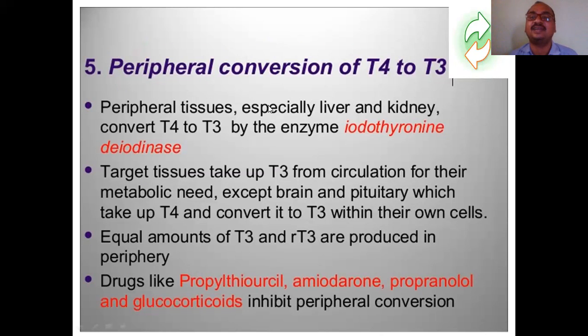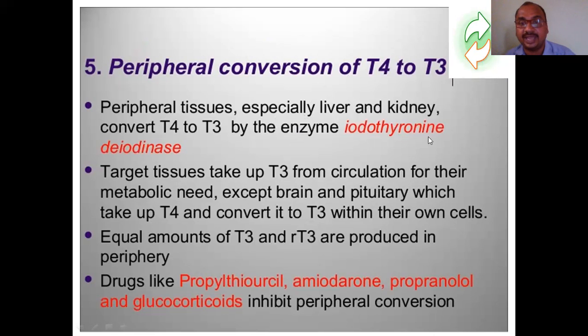Next is peripheral conversion of T4 to T3. T4 loses one iodine and converts into T3 peripherally, especially in the liver and kidney, not in the thyroid gland. It is converted by the enzyme iodothyronine deiodinase. This enzyme is important. Because we are removing one iodine, that's why it is called a deiodinase.